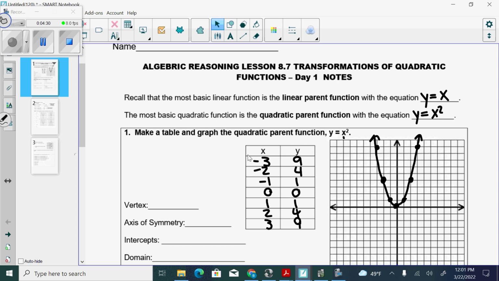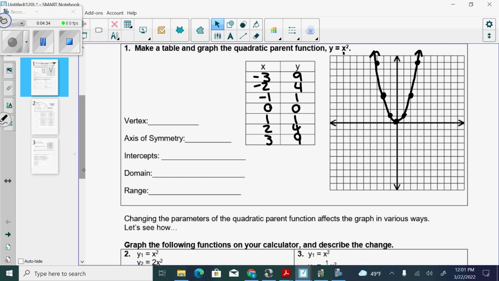Okay? All right, so for this specific graph, where is our vertex at? What coordinate point? Very good. So our vertex is at 0, 0. Where does that mean our axis of symmetry is? X equals 0. Nice. Okay. How many x-intercepts do I have here? 1.